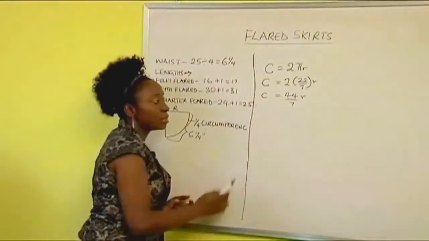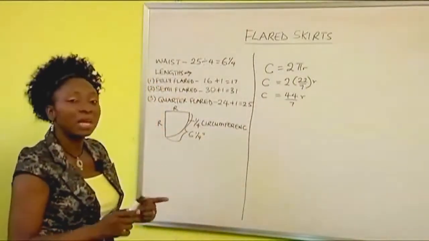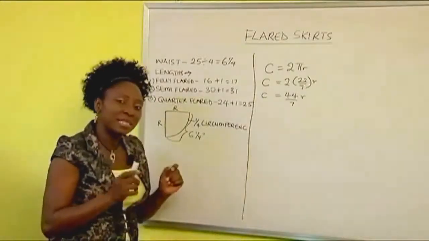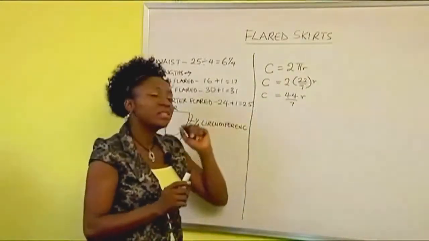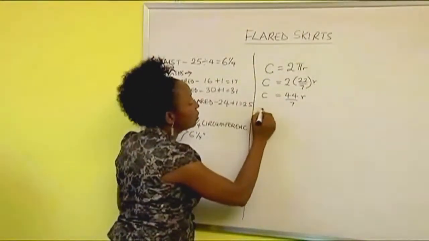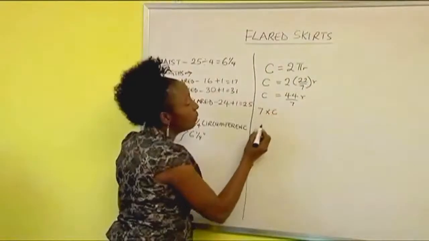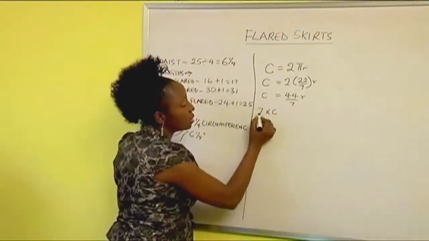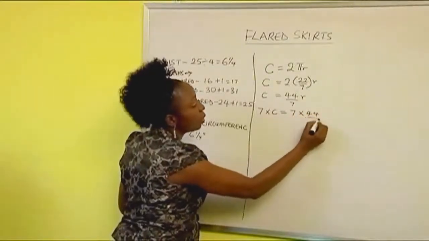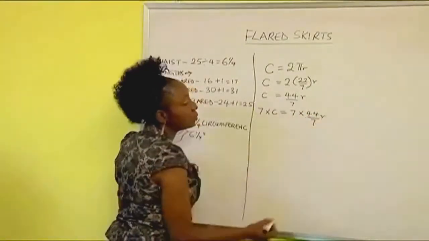Now after I've done this, I'm going to multiply both sides by 7, because I'm trying to see how I'm going to make r the subject of the formula. So I take my 7 and multiply it by C, and that will give me 7 times 44/7r.